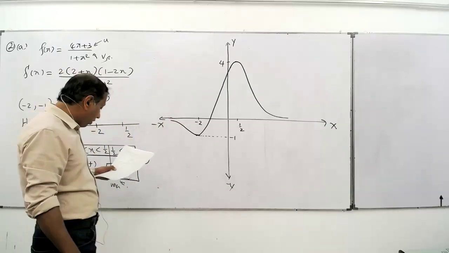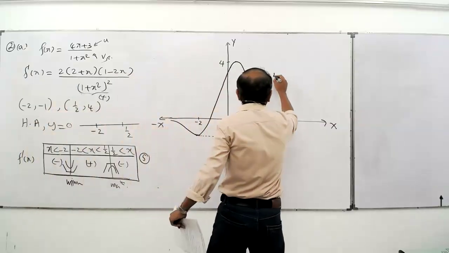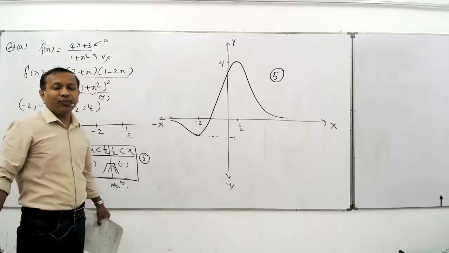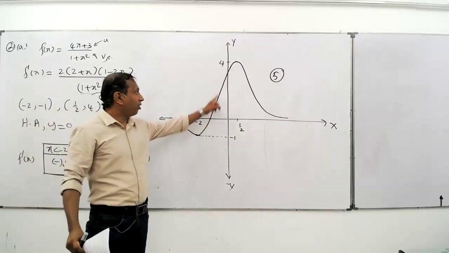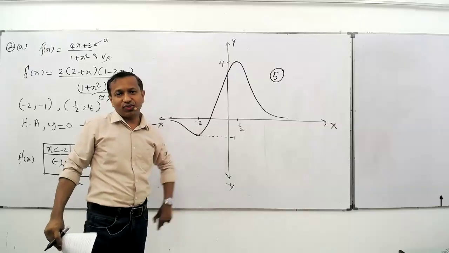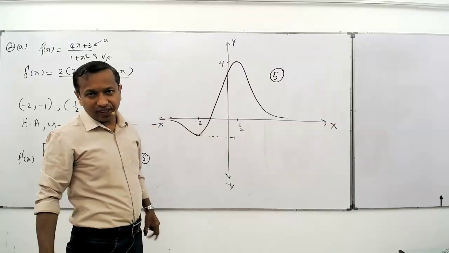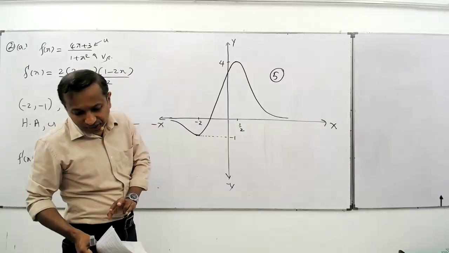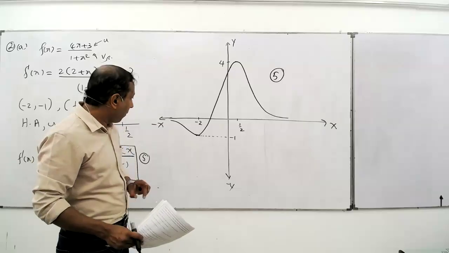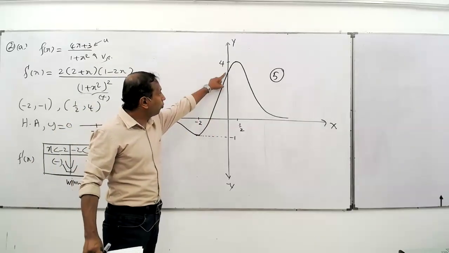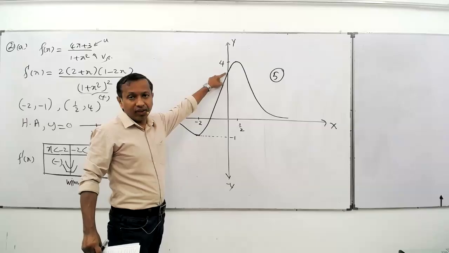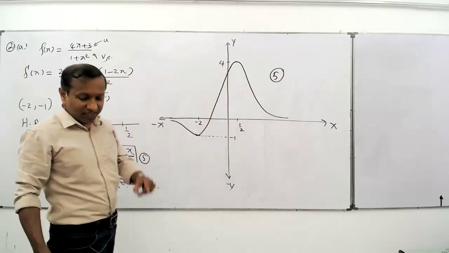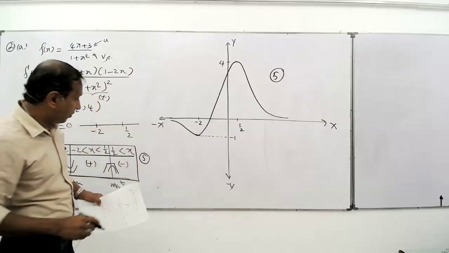Then for the graph, you get only 5 marks, right? If that is also wrong, meaning you haven't marked clearly, no marks for the graph. In my distribution of the questions, 100 marks should be divided among the 3 parts, no? But people, now, this point and this point you must find. If you find those points, there's no chance of the graph going wrong. Understand? For those 2 parts, another 5 marks are given, right?